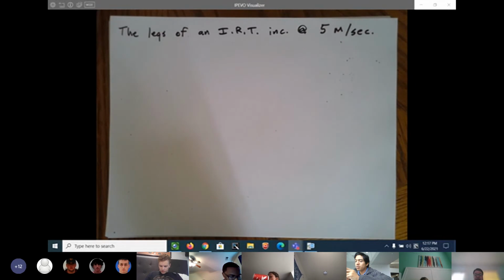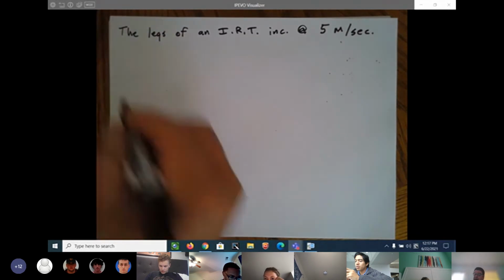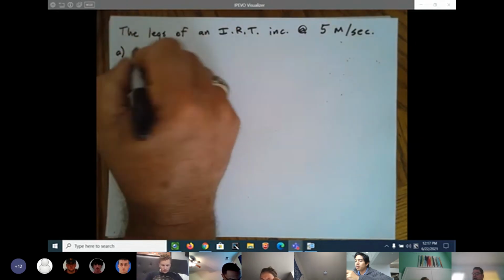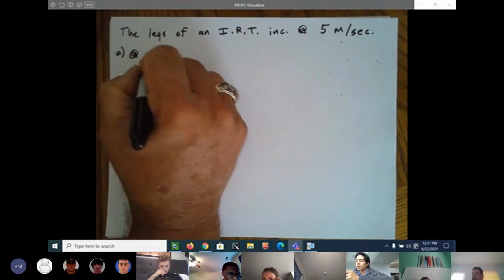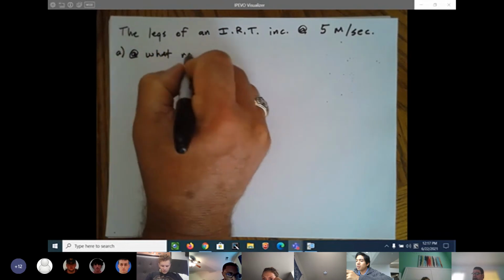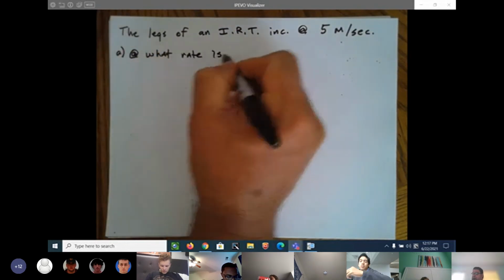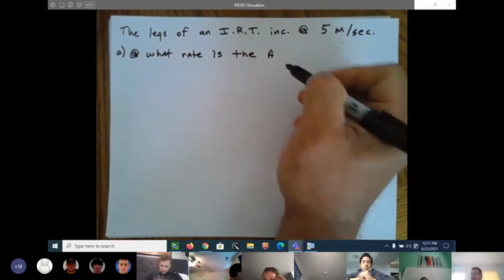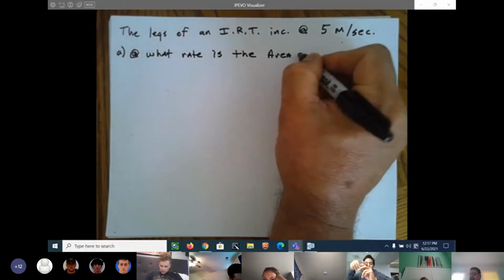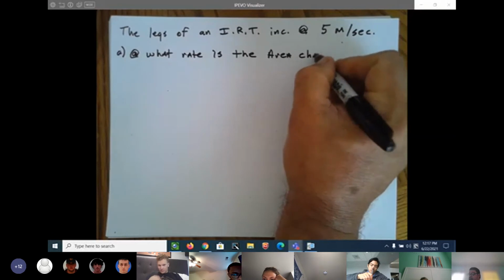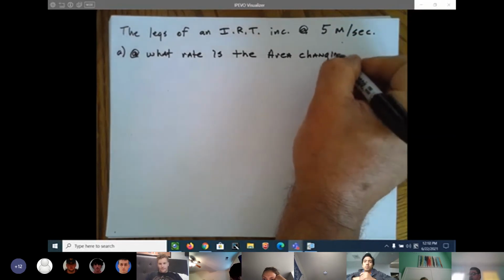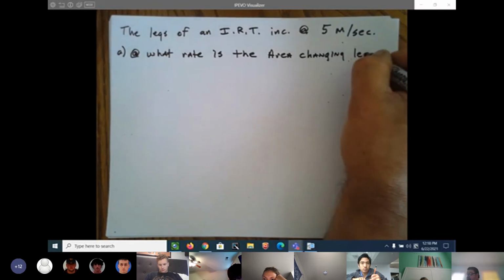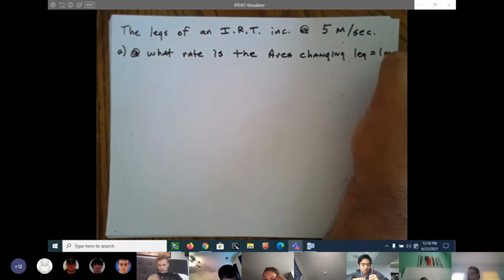A: at what rate is the area changing? Well, there's dA dt right there, at legs equal to 1 meter.